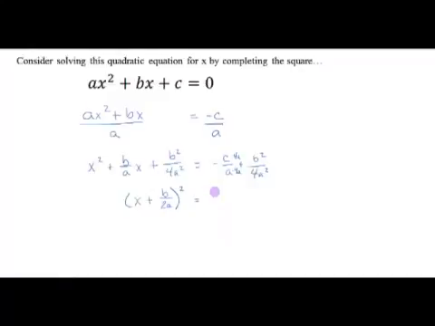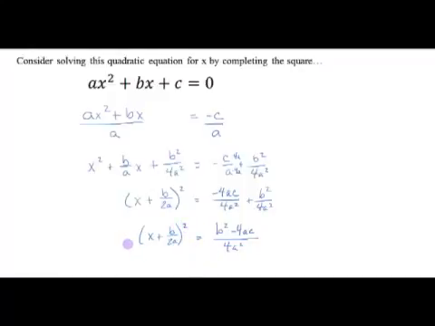So that gives me negative 4ac over 4a squared plus b squared over 4a squared. And then I can go ahead and add those numerators. So I have b squared minus 4ac all over 4a squared. And of course the left side is still x plus b over 2a quantity squared.